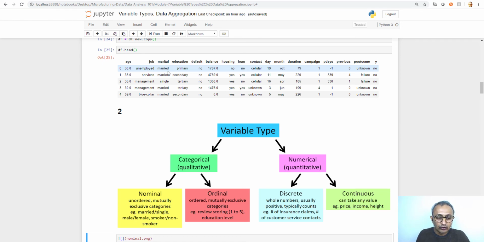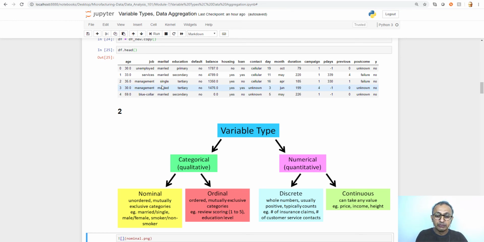Male, female, for example: gender is not an ordinal variable, right? We don't say that male comes before female or female comes before male. Same thing, being married versus single is not an ordinal variable.